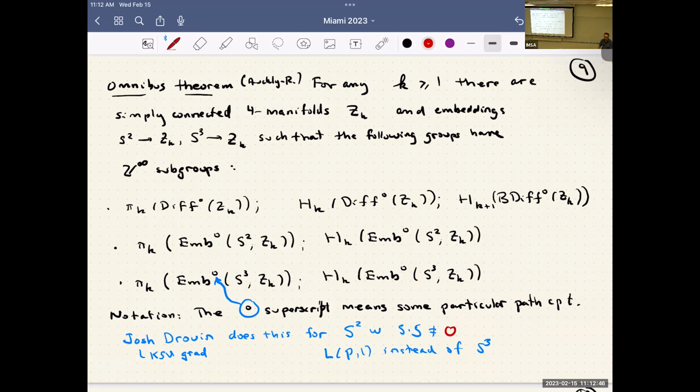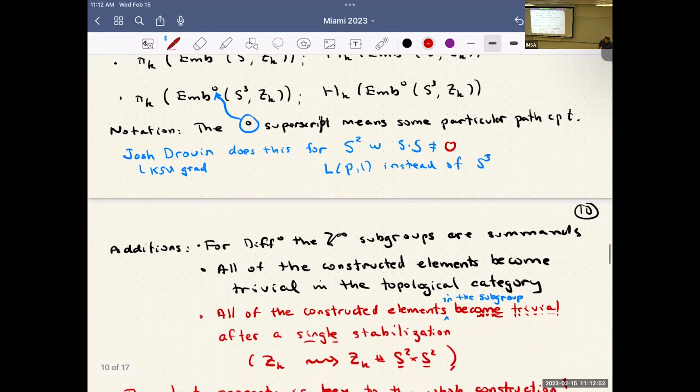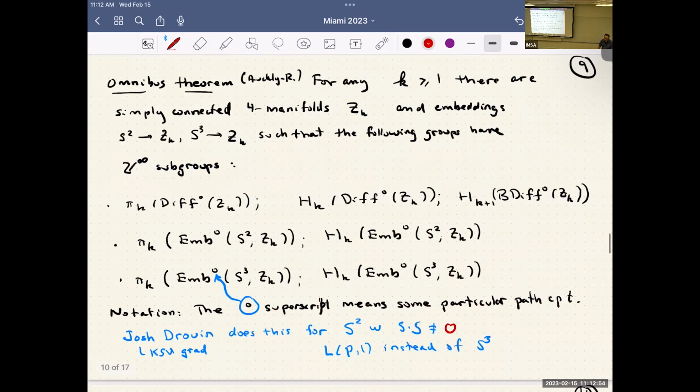There are some variations on this where, let's see, I don't think I wrote this down. You could take a ZK and know that all the homotopy groups pi k minus 2, pi k minus 4, so obviously of a certain parity, you could get a bunch of different homotopy groups, all to be non-zero.